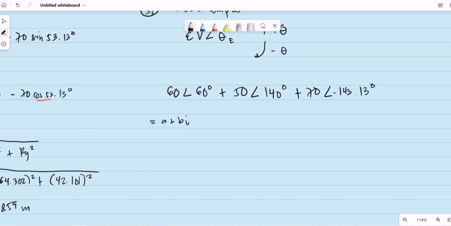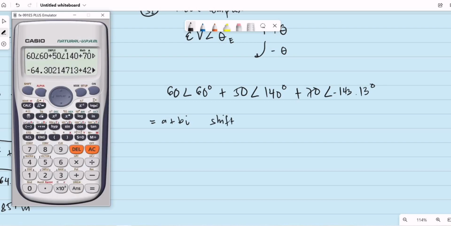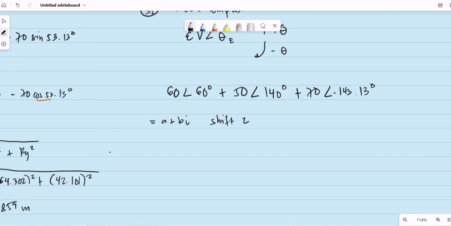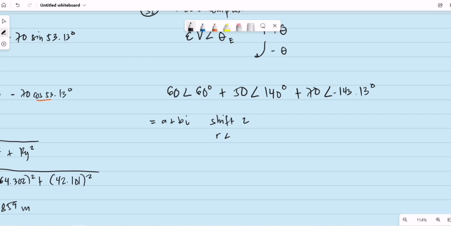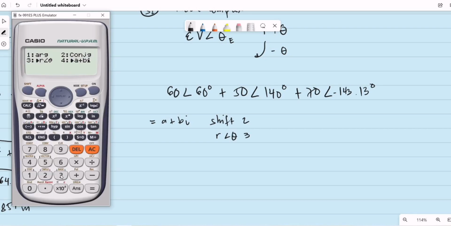Since we are in a complex number, all you have to do is shift number 2. So we are to look for this value, the r angle theta, which is number 3. So press number 3, then press equals.